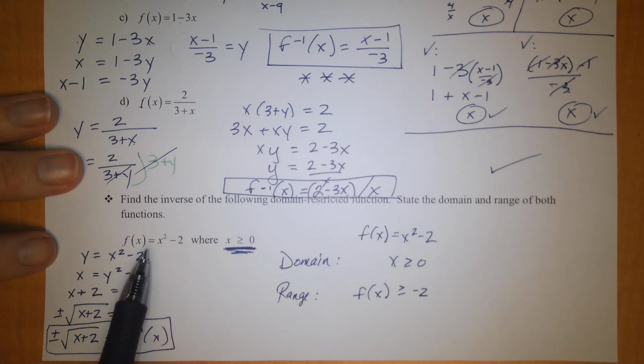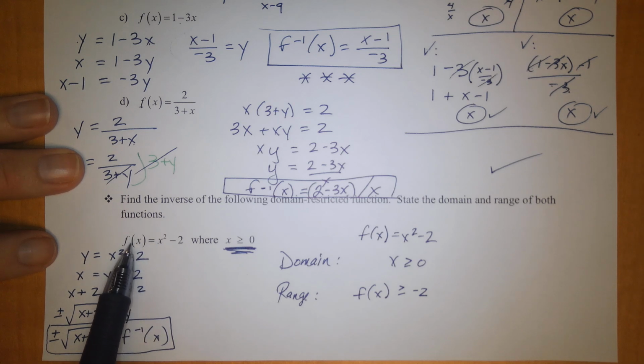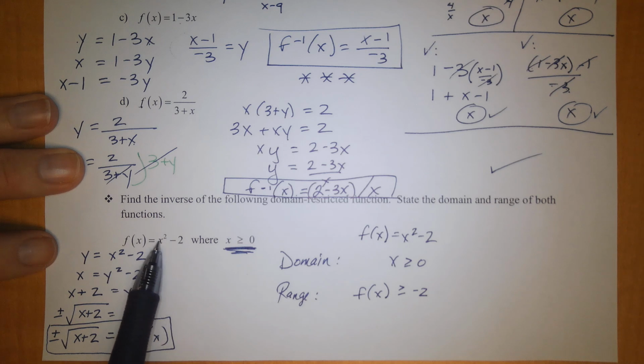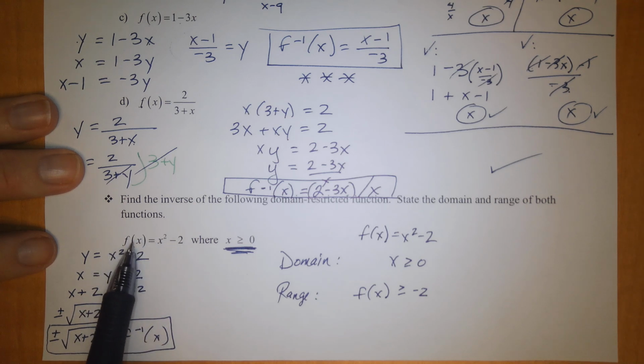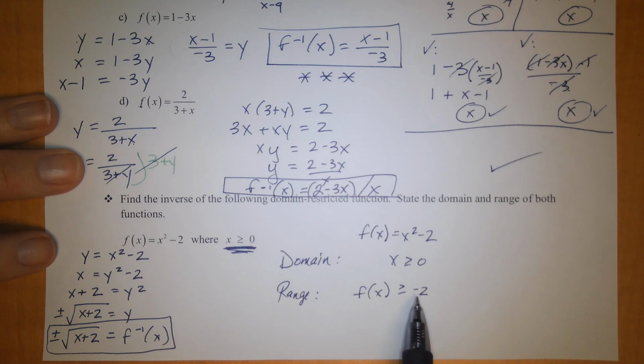Because when you look at the y value, there is no way I can ever get something less than -2, because when you square this value, the smallest it could ever be is 0. No matter what x you plug in there, the smallest it will ever be is 0, because when you square it, you get positive. So when you minus 2, the smallest value I'll ever get for y is going to be -2. It can never be anything smaller than that.